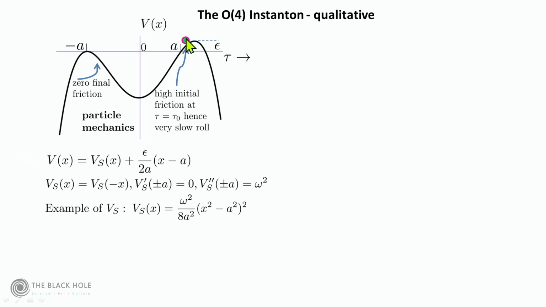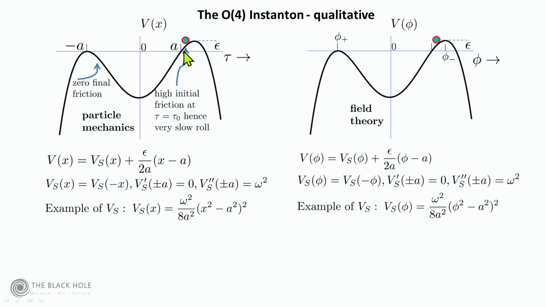I've just repeated the slide from the previous one. So you start with high initial friction, and so it takes a long time to get to the position here. And then, because it's taken a long time, the friction has gone down, which means now it is frictionless, and we can do our analysis as I had shown you earlier.